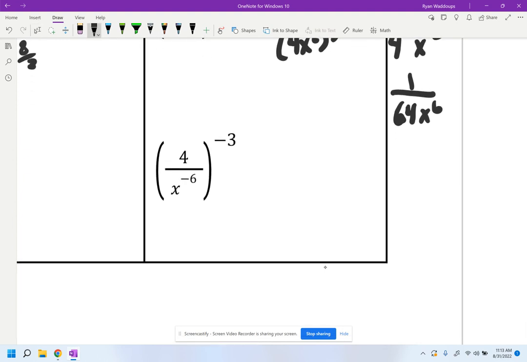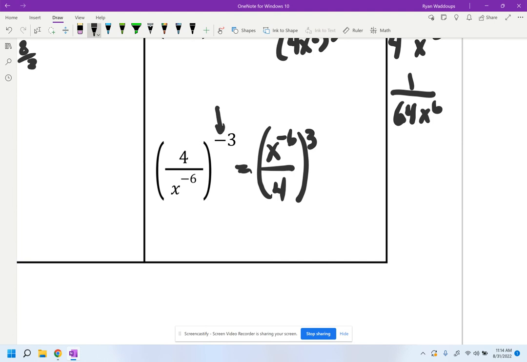Down here, we got negative 3. So the negative exponent just implies the reciprocal. So this is the same as x to the minus 6 over 4, just switch them, raised to the 3rd power. So I got rid of that negative on the exponent 3 by inverting those two.